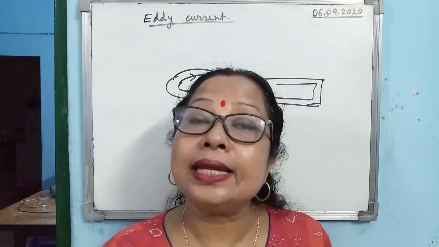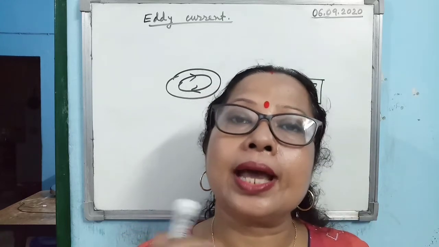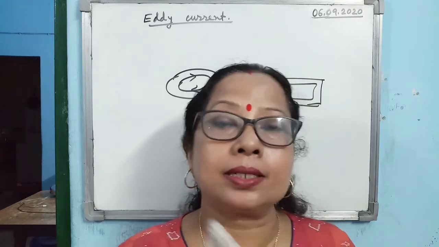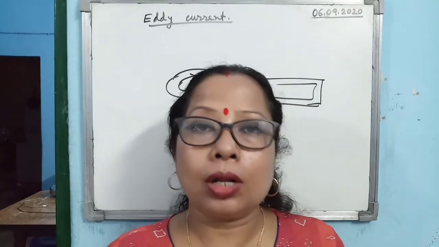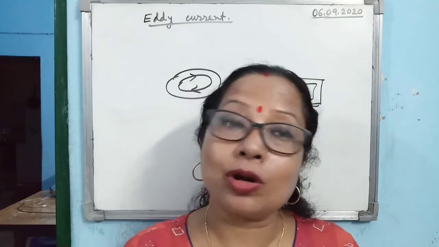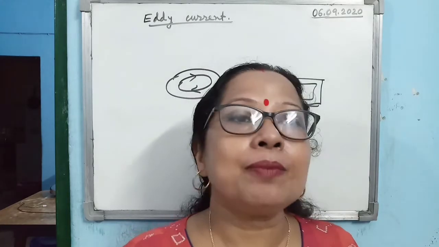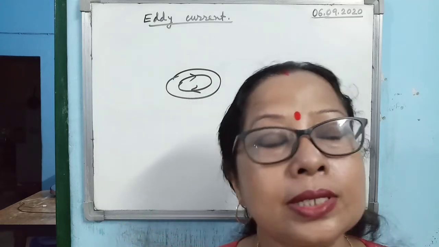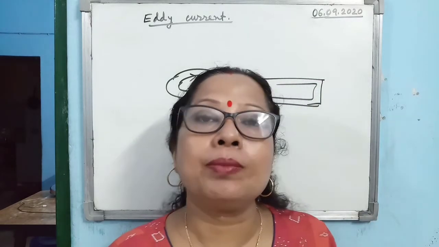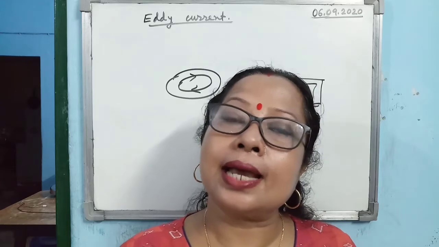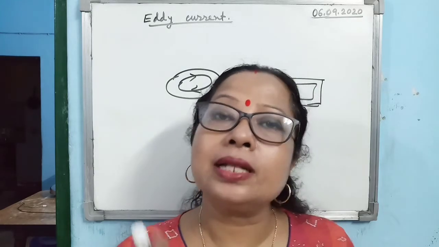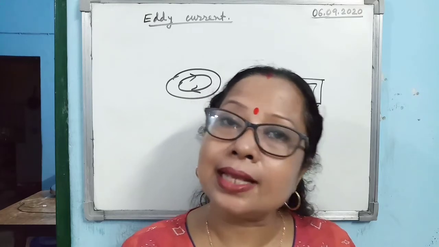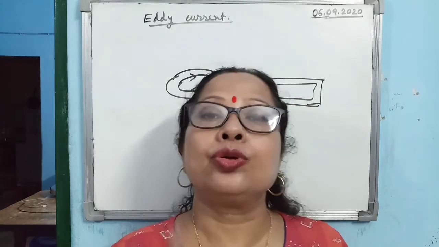By using the concept of eddy current, we can produce damping. What is the meaning of damping? You have seen sometimes, although sorry, you have not used it, you have not done any practical yet. In the practical class, sometimes you will see that the galvanometer pointer has attained the null point, means it has attained the zero value, but the pointer takes some time to come to rest.